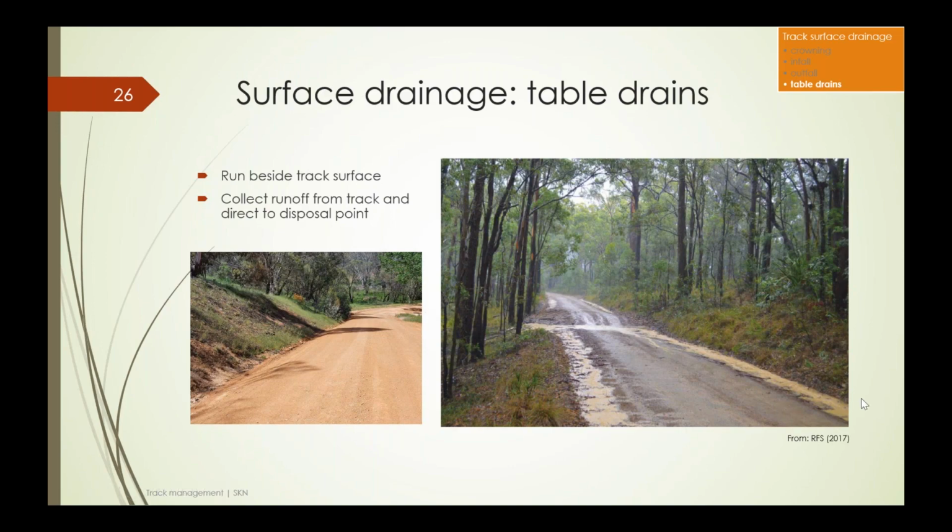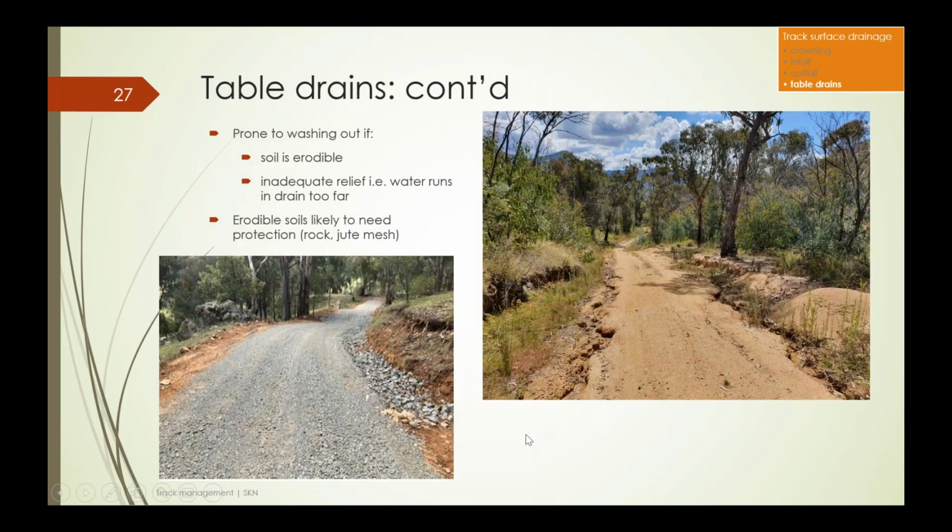The issue with table drains is that they very often tend to scour out, particularly on soils which are problematic. Here we've got a sandy granite soil. In this case, you'll see that we've fixed a problem created by a table drain, which by virtue of the lie of the land was unable to get relief drainage through a culvert.